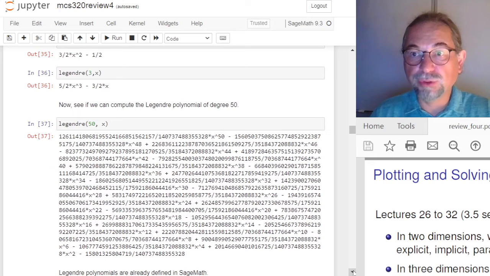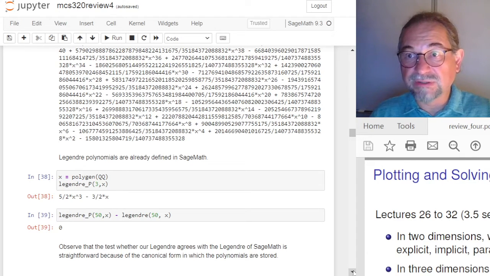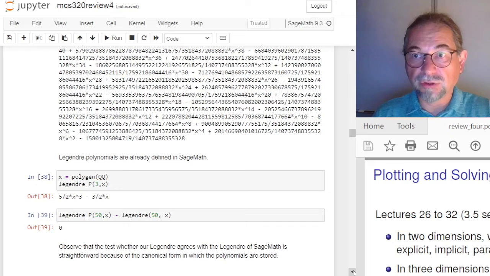Here we can compute, and this computation happens instantaneously. And the canonical form is useful in the comparison with SageMath. So the subtraction of the two forms will automatically lead to 0. This is a very good illustration of a canonical form of a polynomial in one variable.